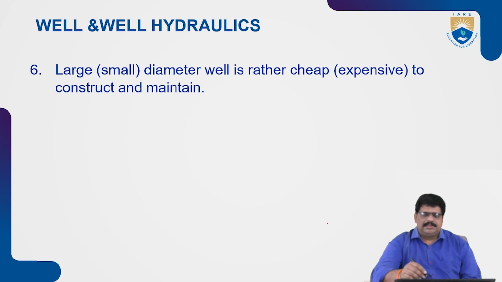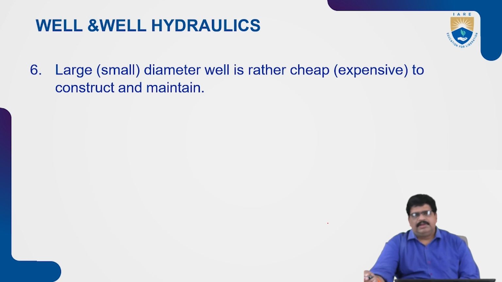A drilling machine will charge per foot, 25, 30, 40, 50 rupees. But a dug well can go to depths of 700, 600, 500, like that 400. So different types of depths have to be used.